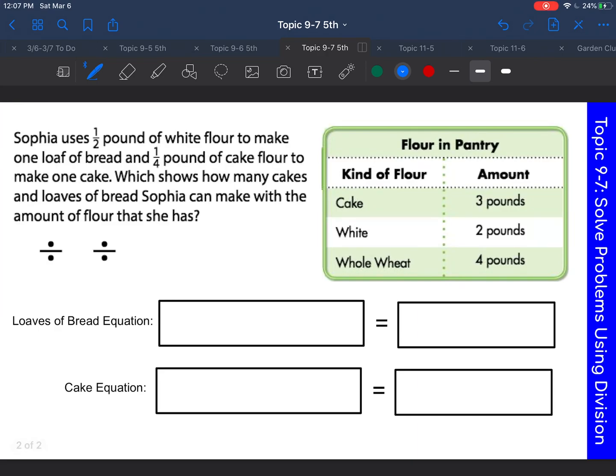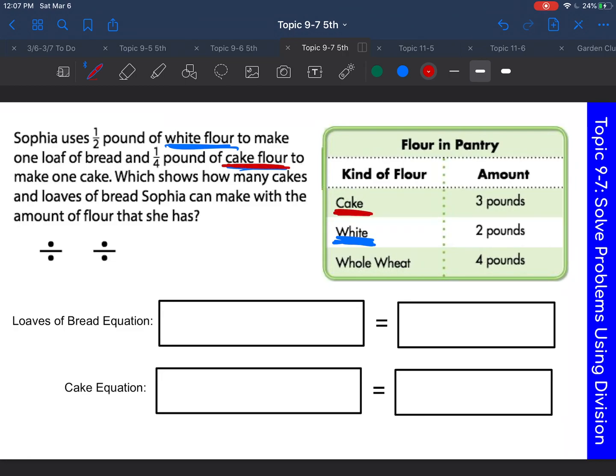It says, Sophia uses 1/2 pound of white flour to make 1 loaf of bread and 1/4 pound of cake flour to make 1 cake. Which shows how many cakes and loaves of bread Sophia can make with the amount of flour she has. Okay, so again, the white flour is right here, and the cake flour, I'll do that in red, is right here.